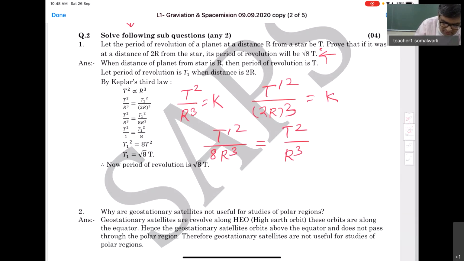So this r cube and this r cube will get cancelled, and therefore we are left with T dash square is equal to 8T square, and that means taking square roots now, T dash will be equal to root 8 T. Okay, that's the answer we are looking for.